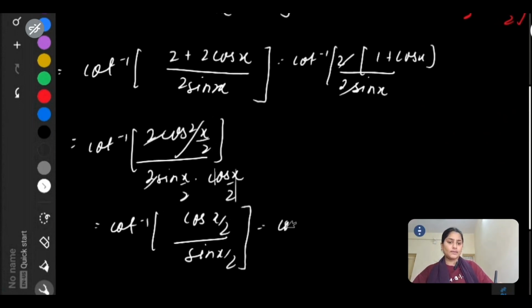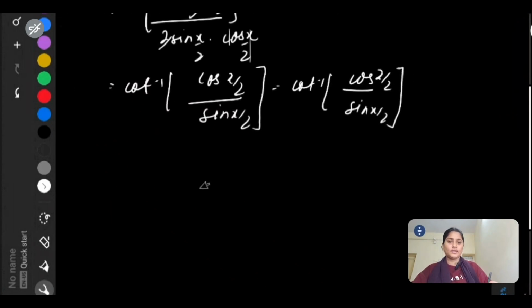And we know that cos by sine is cot. So into the next step, cot inverse of cos x by 2 divided by sine x by 2. Now next, cot inverse of cot x by 2, because cos by sine is cot.